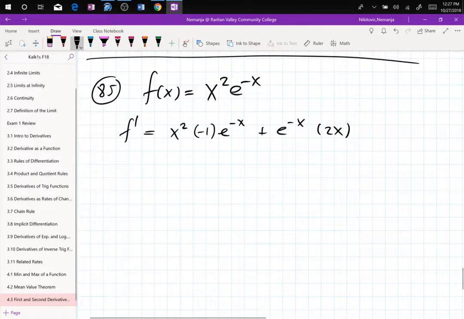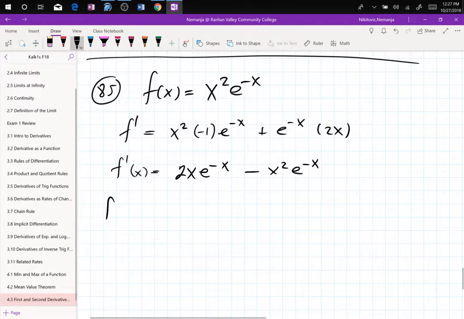Now, I'm going to rewrite this. I am not going to factor anything because that will create even more product rules. So this is going to be simply 2x e to the negative x first, and then minus x squared e to the negative x.